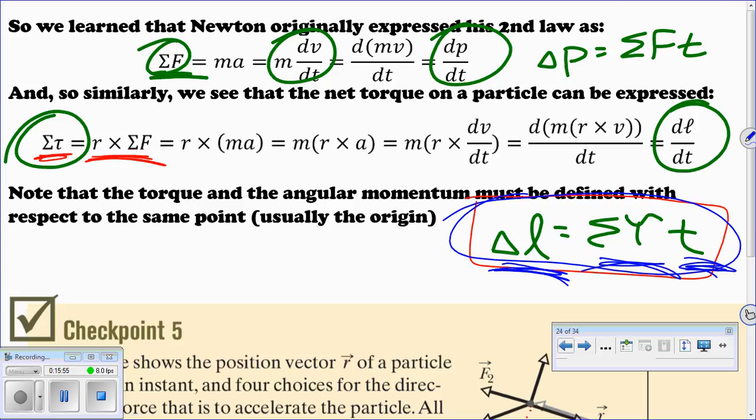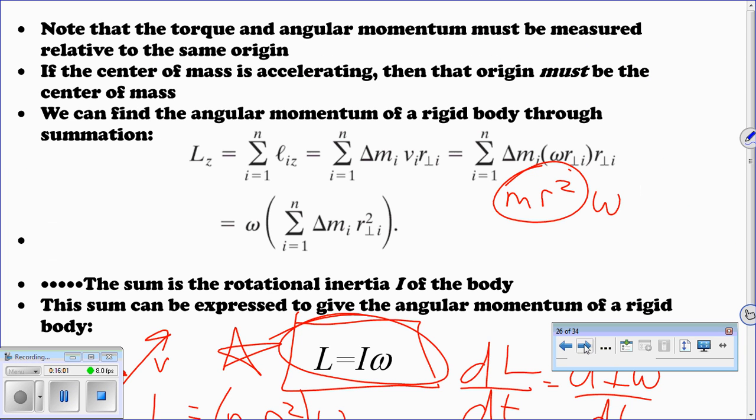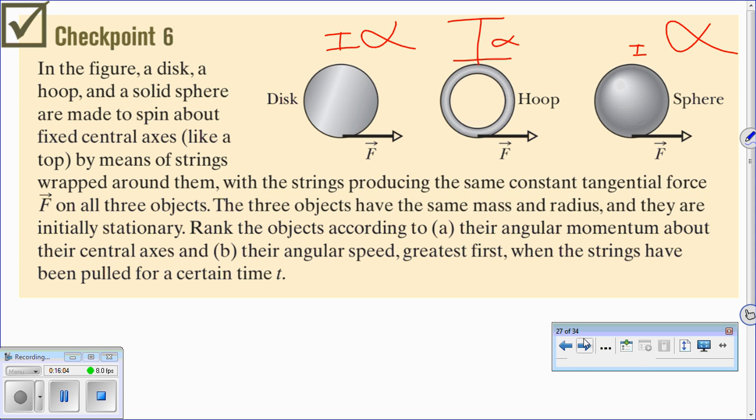They're all the same because of exactly what we said. The one with the most inertia is going to gain the least angular velocity, right? This one has a lot of inertia, but it's not going to gain as much velocity because it has a small acceleration, right? So A, all the same.